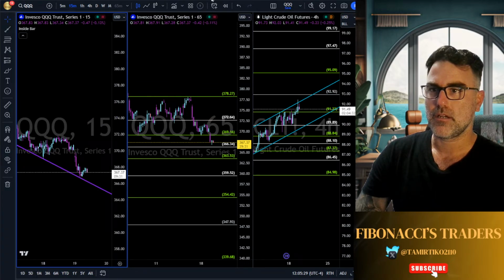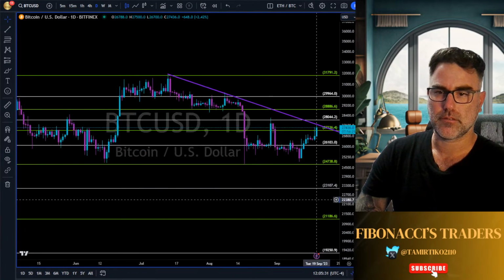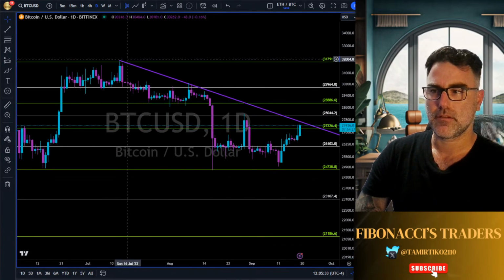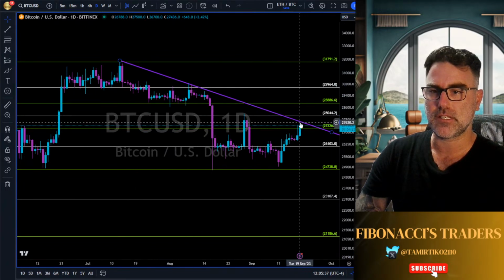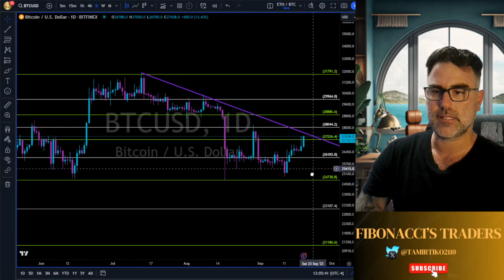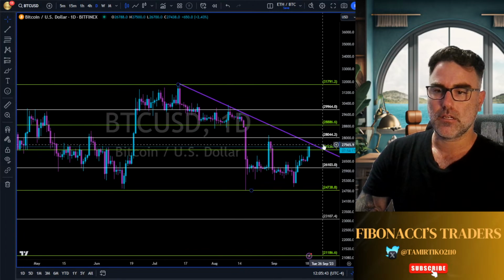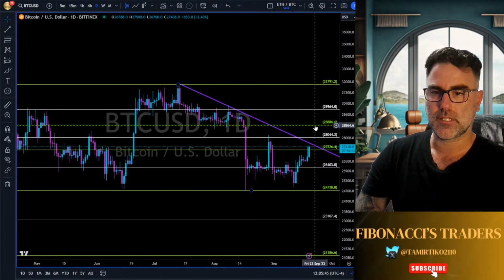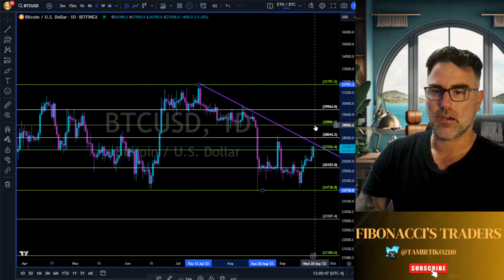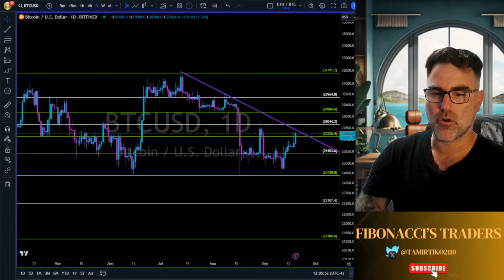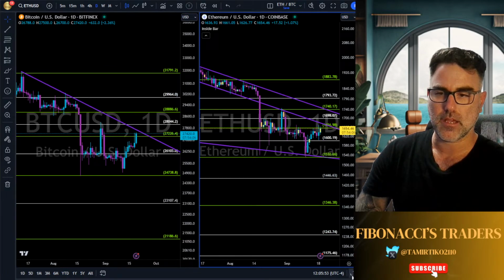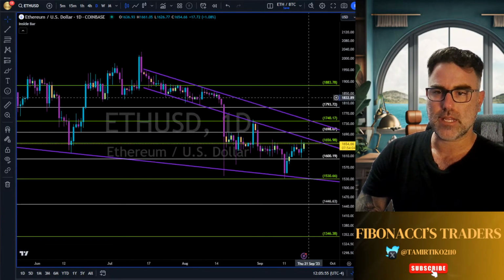Let's check Bitcoin. As we said, we have this purple trend line that will act as a very tough resistance, and in the past 2 days almost touched it. Let's see where Bitcoin is heading. Above it, we're heading towards the 29k, above 29k, 31,800, but it depends on tomorrow's CPI, tomorrow's rate decision.